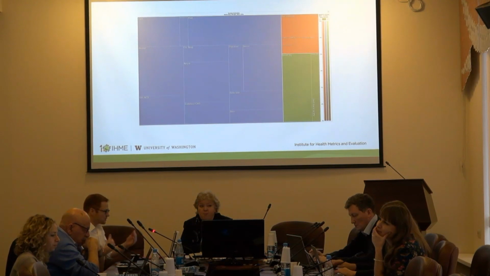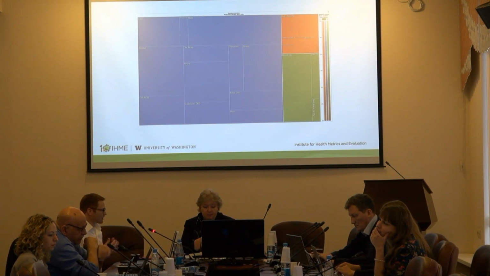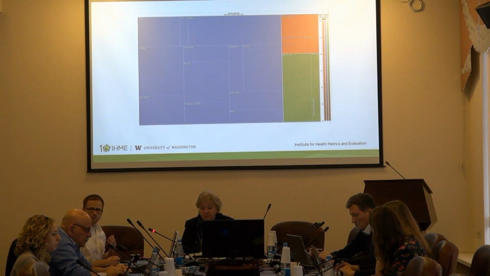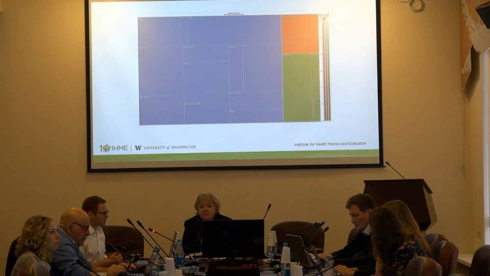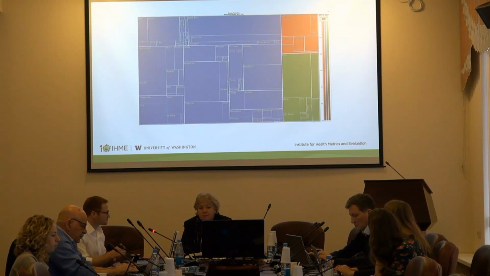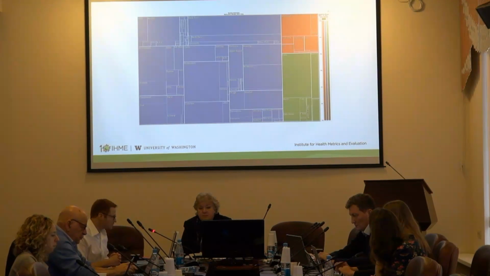If we drill down to level 2, we can see cardiovascular disease, musculoskeletal disorders, and mental health disorders, for example, showing up as large components of the non-communicable. Unintentional injury is the largest component of injuries, and maternal and neonatal are the largest component of group 1. We can drill down further again.